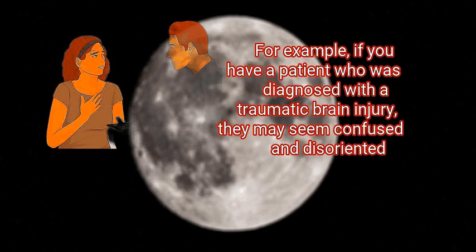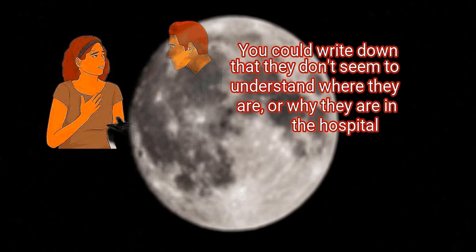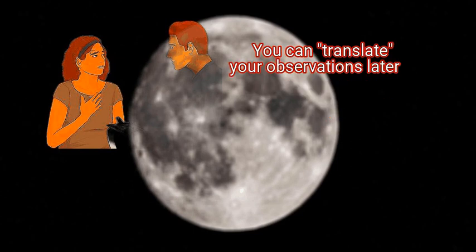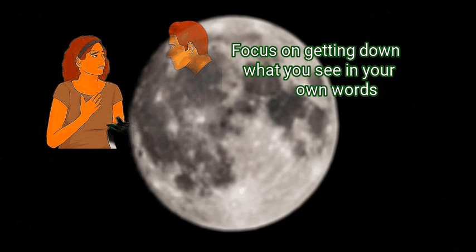For example, if you have a patient who was diagnosed with a traumatic brain injury, they may seem confused and disoriented. You could write down that they don't seem to understand where they are, or why they are in the hospital. Don't worry about using official terminology at this point. You can translate your observations later. Focus on getting down what you see in your own words.